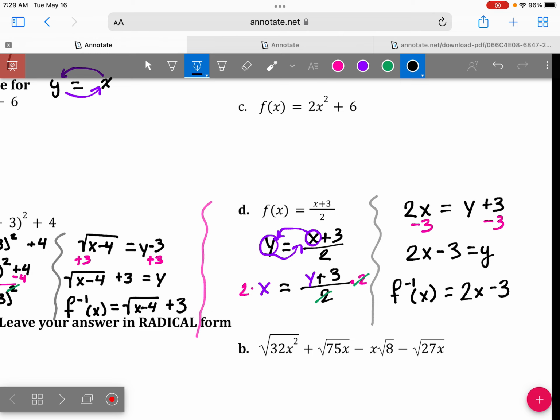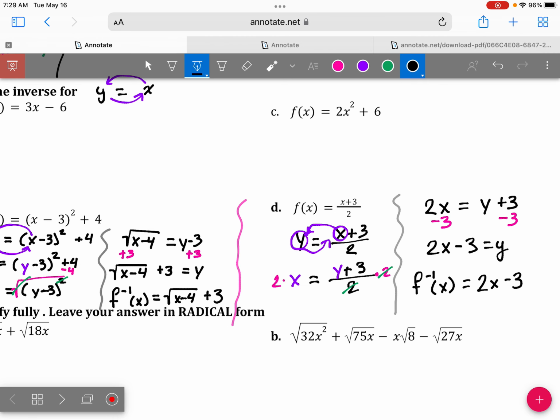If you just have x's, like in D, you're going to wind up with another line. Questions on either of the inverse ones? Okay.